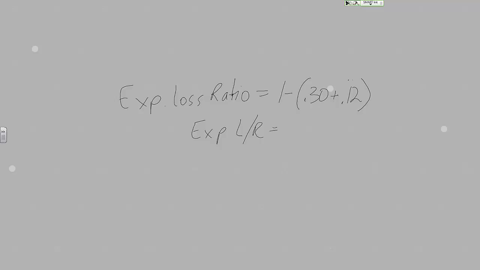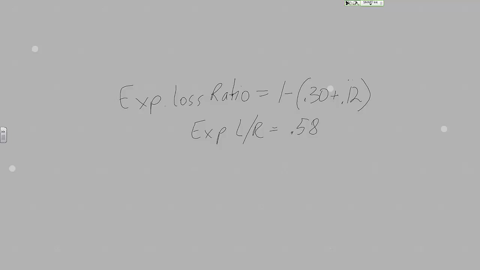Let's go through an example. Let's use our same expense and profit ratio. And remember that our expected loss ratio equals 1 minus the expense provision of 0.30 or 30% plus our profit and contingencies factor. So our expected loss ratio equals 1 minus 0.42 or 58%.